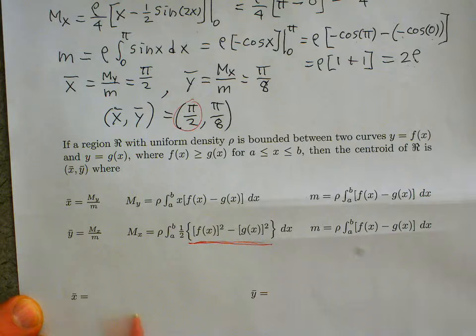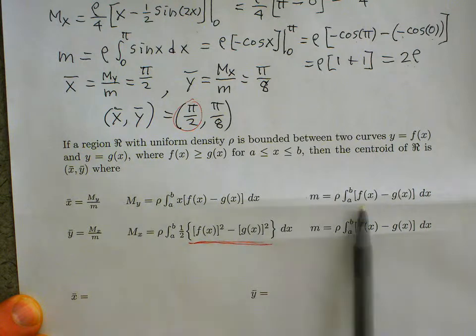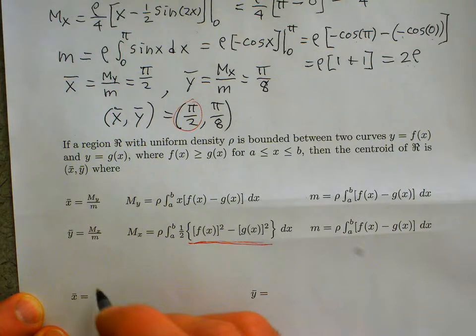Okay, so to summarize this, the x-coordinate of the centroid is the moment about the y-axis divided by the mass. So the rhos cancel. This is just practice writing down the formulas.